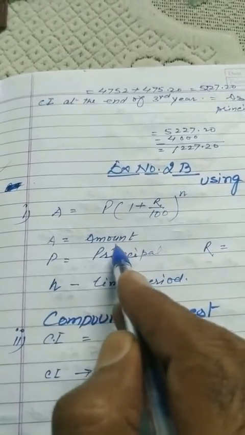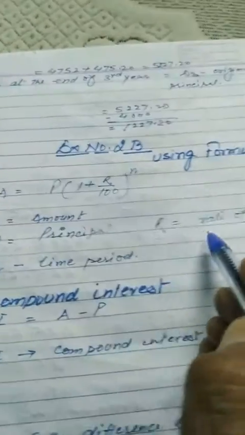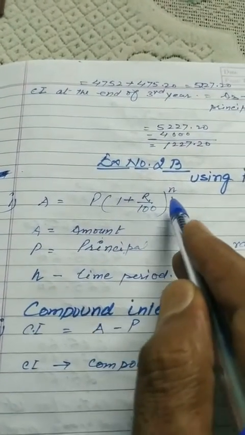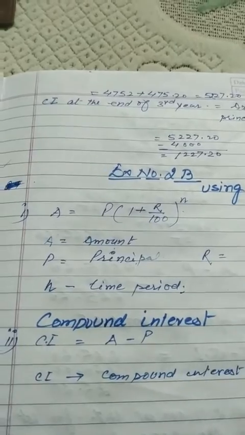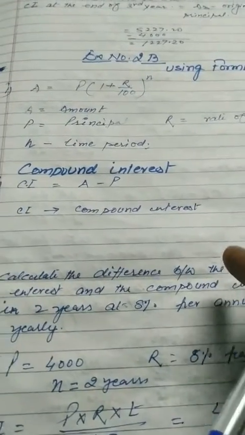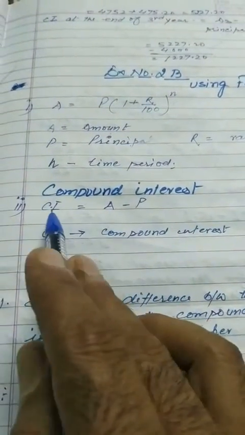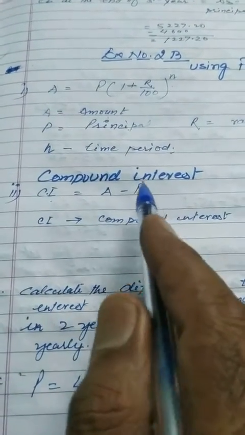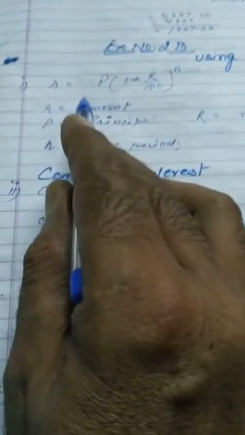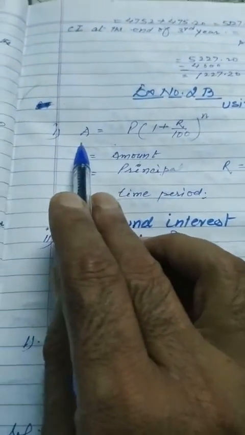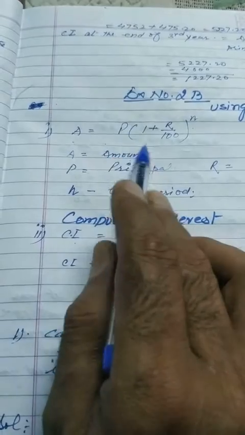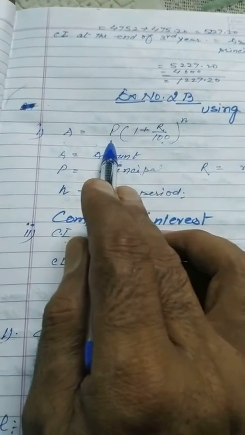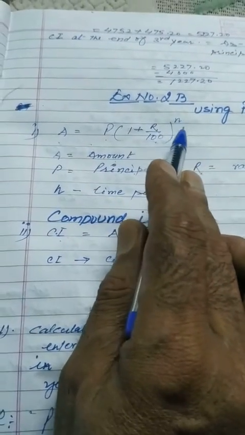A is the amount, P is the principal, R is the rate of interest, and n is the time period, how long the sum is deposited. The compound interest is CI equal to A minus P, and this is the formula for the amount: A equals P in bracket 1 plus R upon 100 raised to power n.